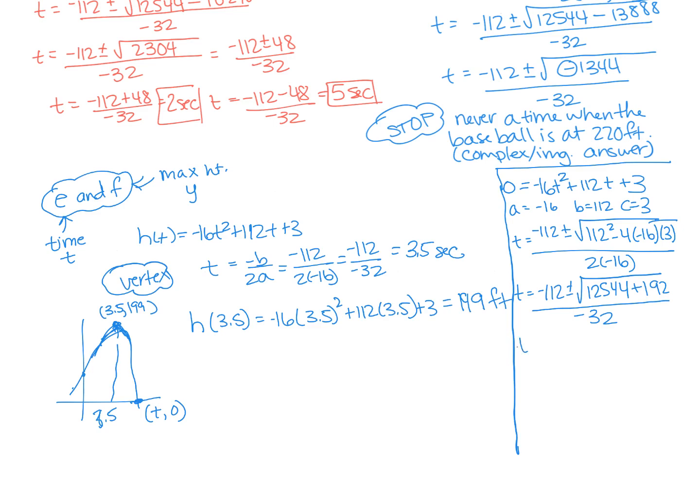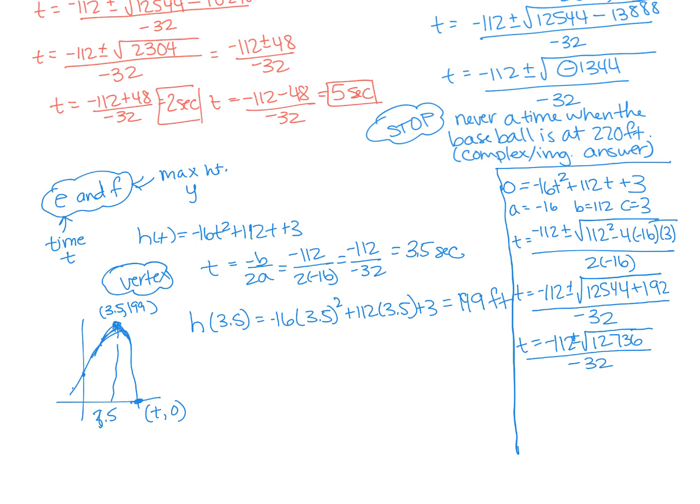So this is becoming negative 112 plus or minus, sorry, writing too fast, underneath that radical, I'm not sure of the number, so let's grab my calculator. 12,544 plus 192 looks like it's 12,736, all over negative 32.